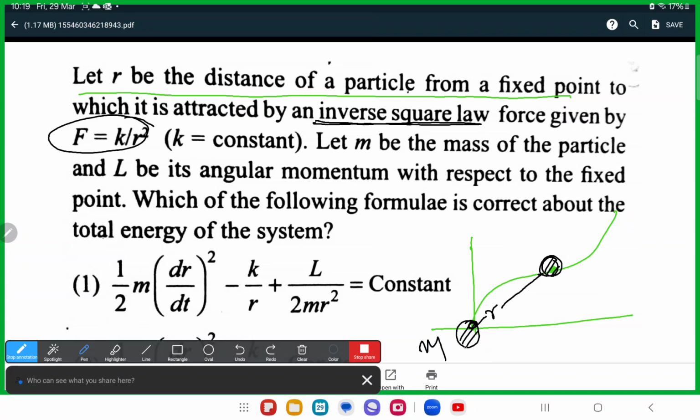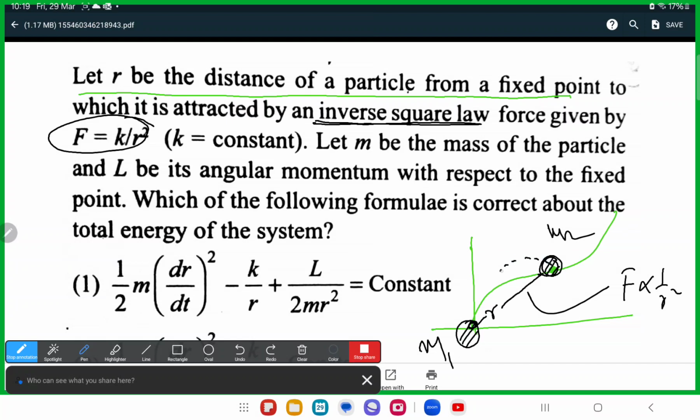So of course there should be some masses, let's say m1 and m2. Whatever the force is, it is given by the inverse square law. Let the mass of the particle be m, and L is the angular momentum with respect to the fixed point.